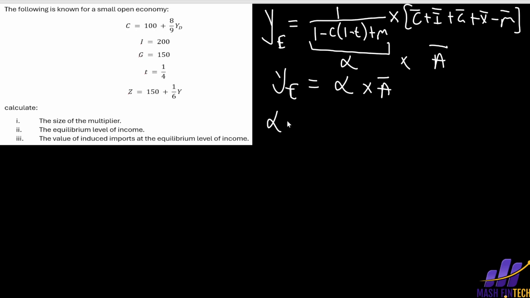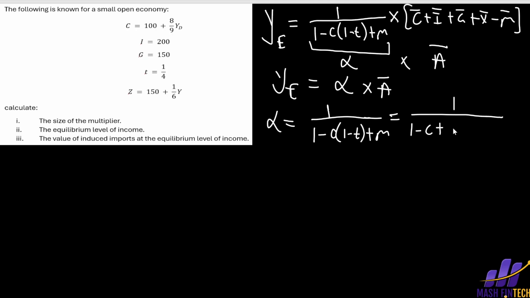All right, so the multiplier alone, the multiplier 1 over 1 minus c, 1 minus t plus m, can be written as, remember you can expand this to have 1 minus c, a minus and a minus becomes a plus, plus c times t, and then this is a plus m. So you can simply remember 1 minus c is just the marginal propensity to save.